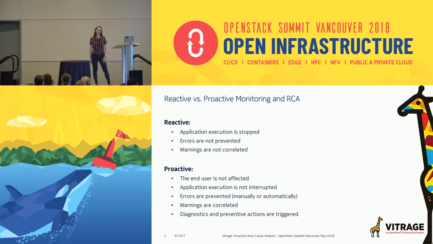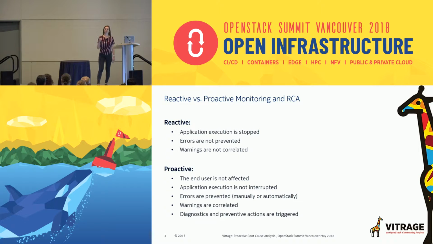On the other hand, in the proactive world, we want to prevent this failure from happening. So we don't want the failure to affect the users. We want the application not to be affected, and we want to prevent all the errors or some of the errors in the system.